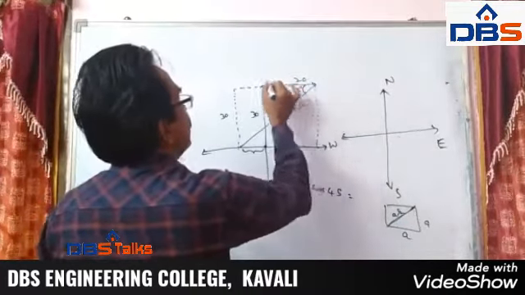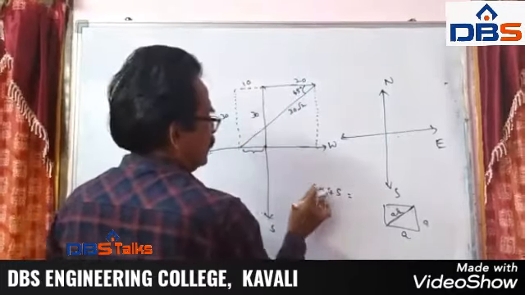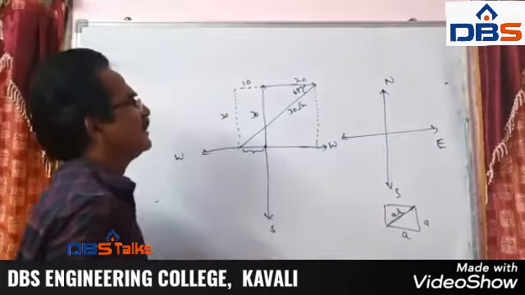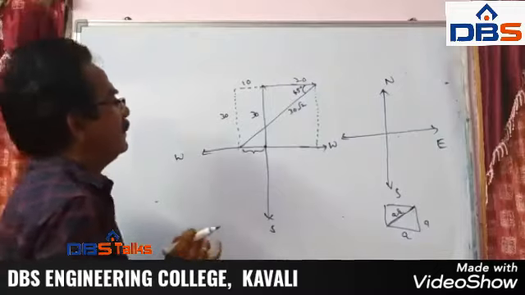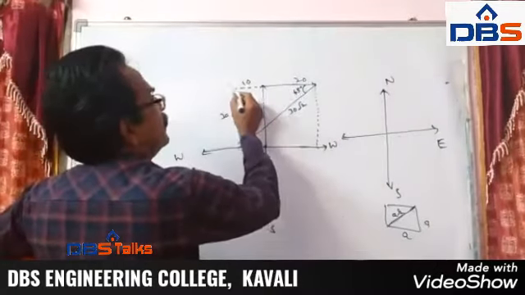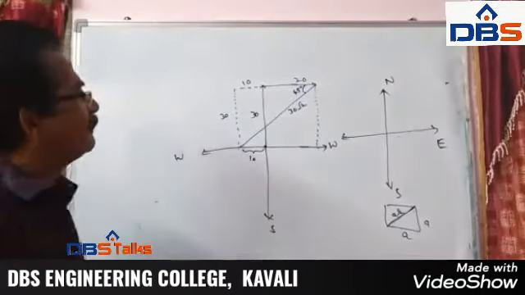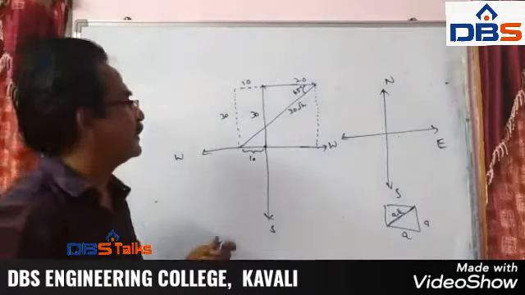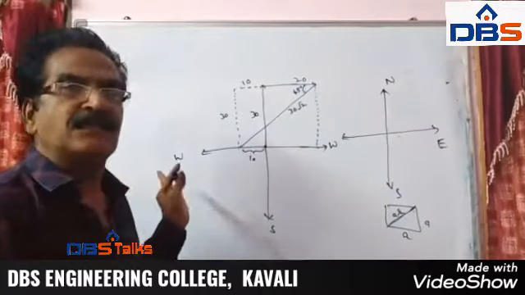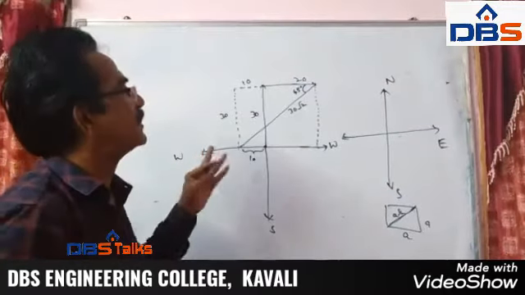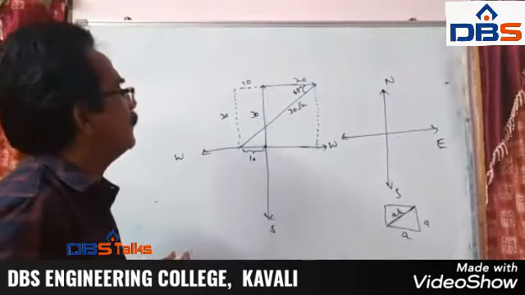This is 20. So this is 10. So the displacement of the person is 10 meters towards west.